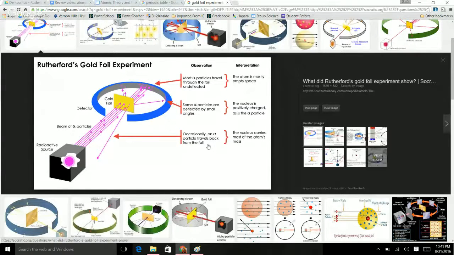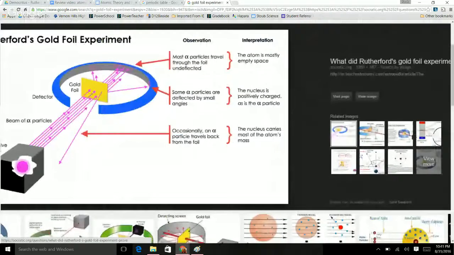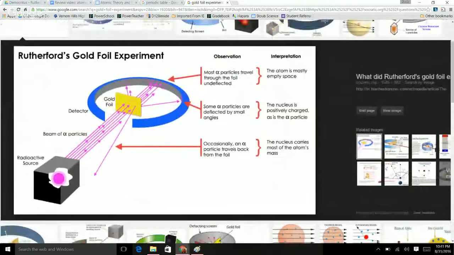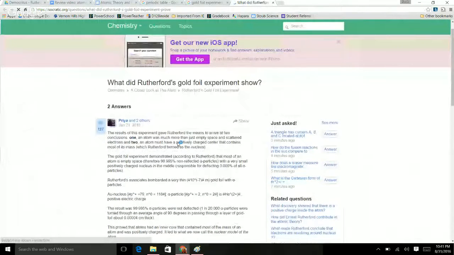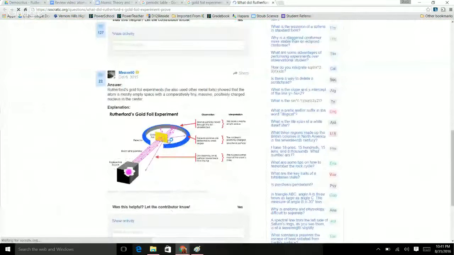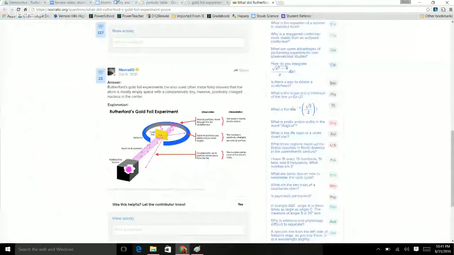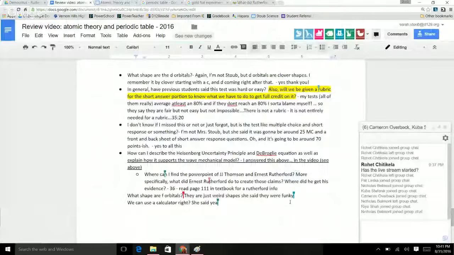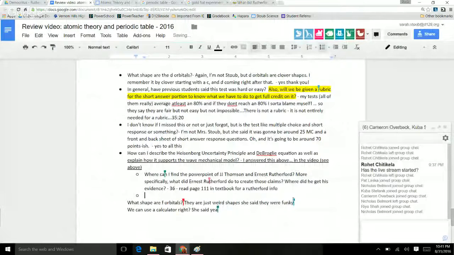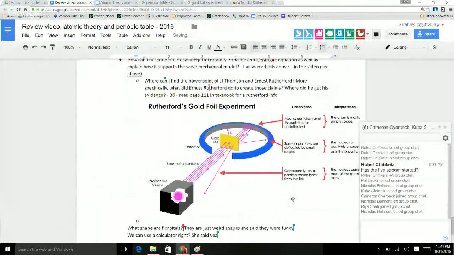That's a pretty good little thing there. Hey, perfect. I'm going to copy that into there for you. And we did this, but it's lovely. Boom. What shape are the orbitals? They are funky shaped.